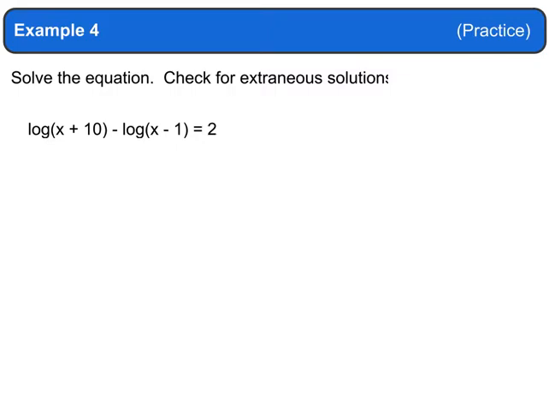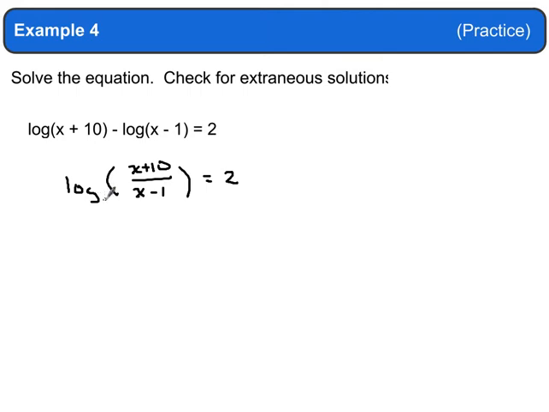In example number 4, we have a subtraction of two logs that we're going to bring together. Subtraction is synonymous with division, so if we want to combine our logs, we're going to write one log, and then we're going to put x plus 10 in the numerator, x minus 1 in the denominator, and set it equal to 2.